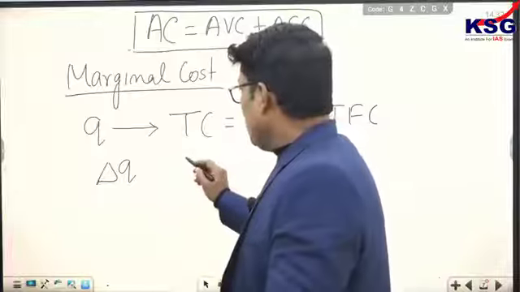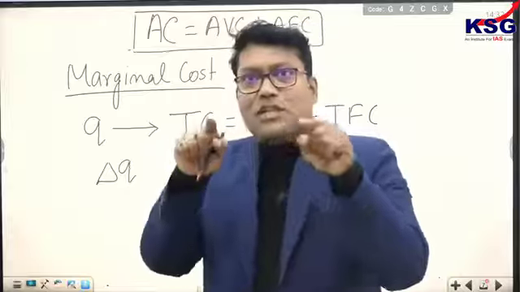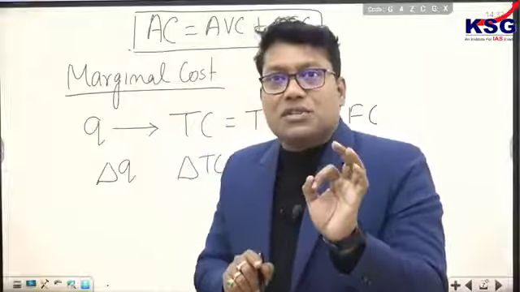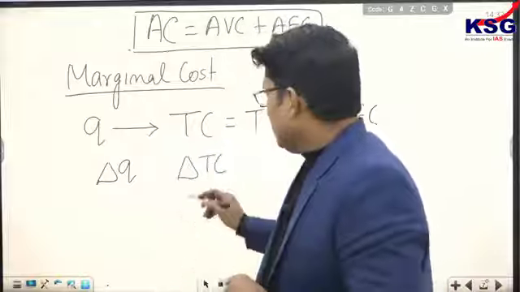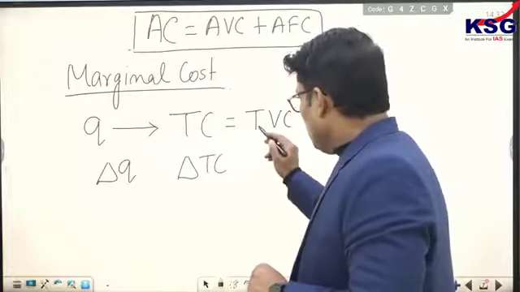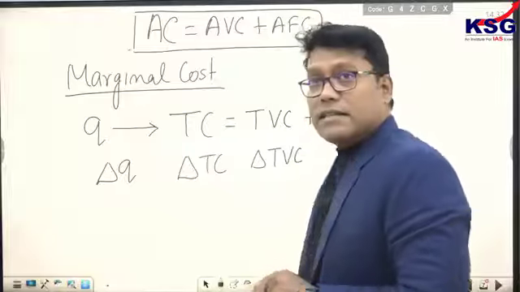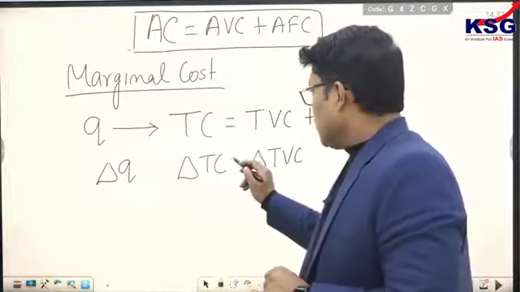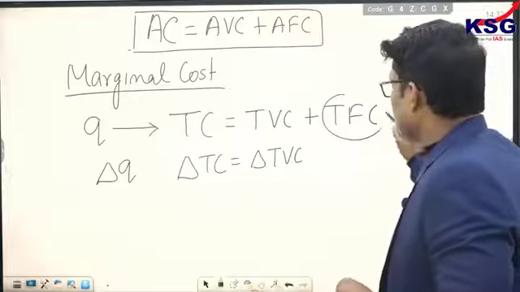Definitely it is going to change your total cost. This triangle that I am writing represents the change. So total cost is going to change, and your total variable cost is also going to change. But what about TFC?